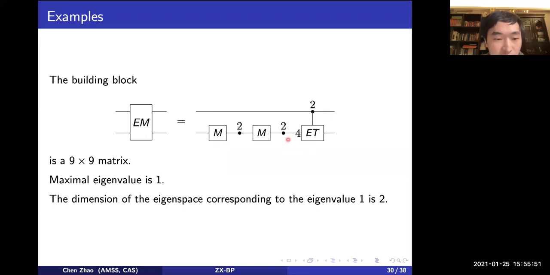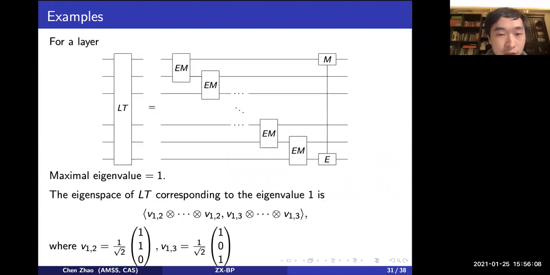And it is a 9x9 matrix, and the maximum eigenvalue is 1. And the dimension of the eigenspace corresponding to the eigenvalue 1 is 2. And each layer consists of many of these E_M. And for a layer, L_T, the L_T is a matrix of dimension 3^m times 3^m.